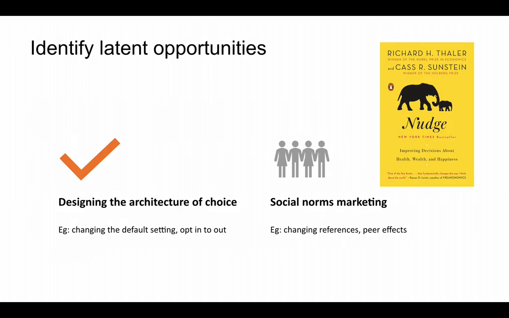Now, some latent opportunities you can identify is you can design the architecture of choice. As we said, for instance, 401k retirement plan, right? So you can nudge people to opt out versus the current system actually ask you to opt in. Right? So you register them first, say, okay, you still have the choice.